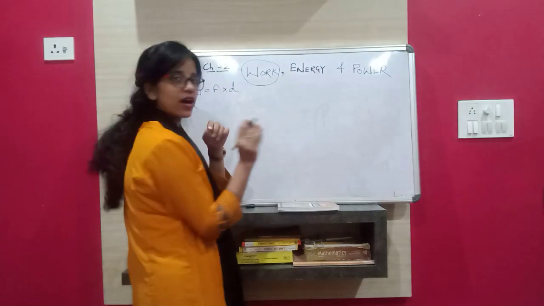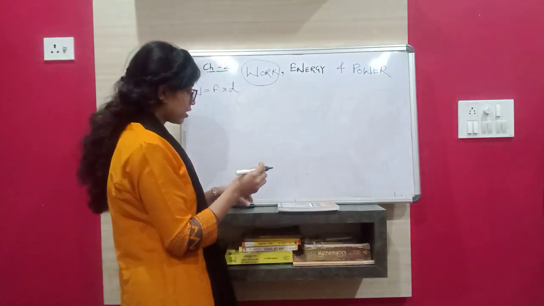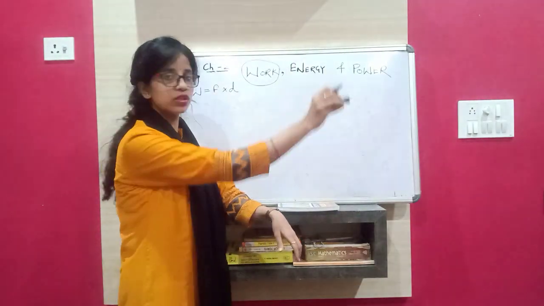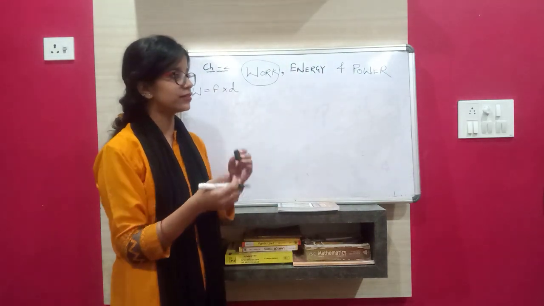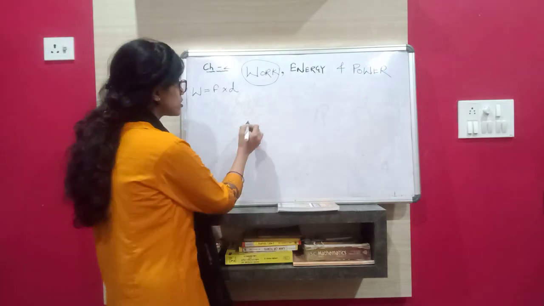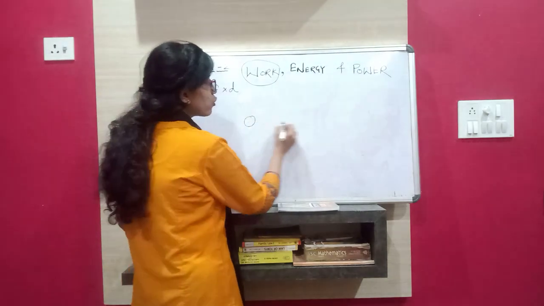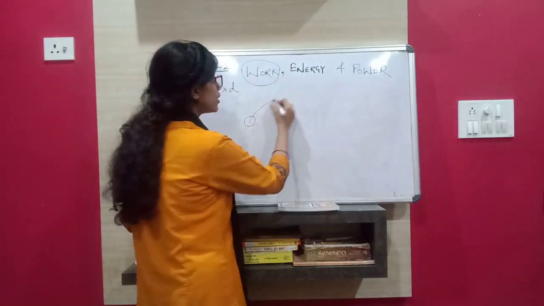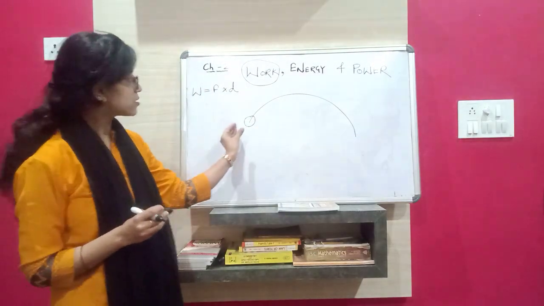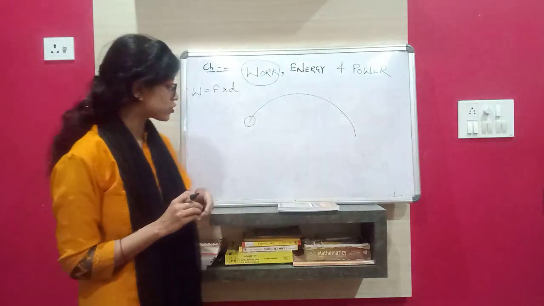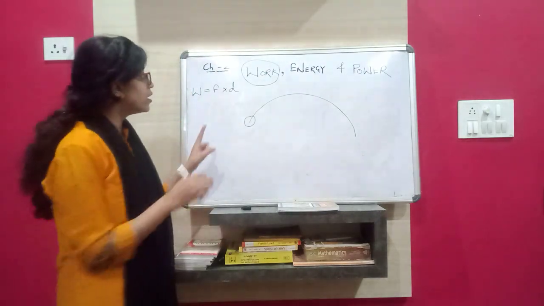Okay, now if you take a simple body and you throw the body, like this, as you learn in further classes, this body will not go horizontally, but will cover a path like this, isn't it? This is the projection of the body.